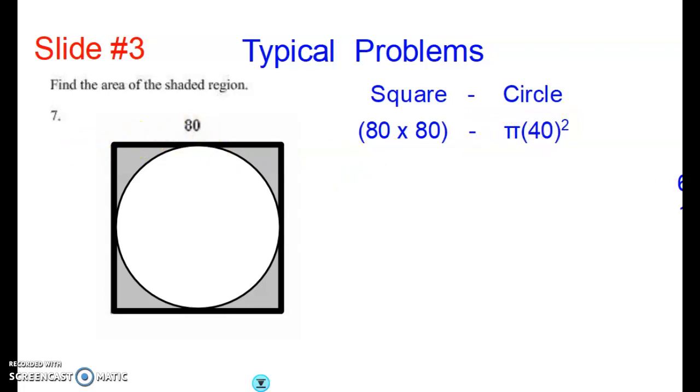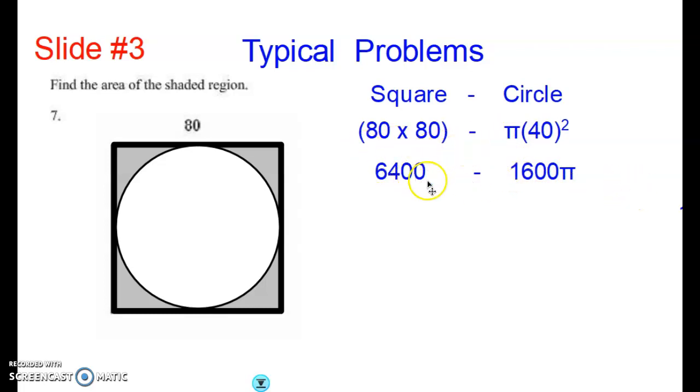Now remember, if this whole piece is 80, then the radius would be half of that, 40. So that's why I have the 40 right here. When we do that, 80 times 80 is 6,400, and then 40 squared: 4 squared is 16, but then it's 2 more zeros. 40 squared is 1,600, and I put the pi next to it.